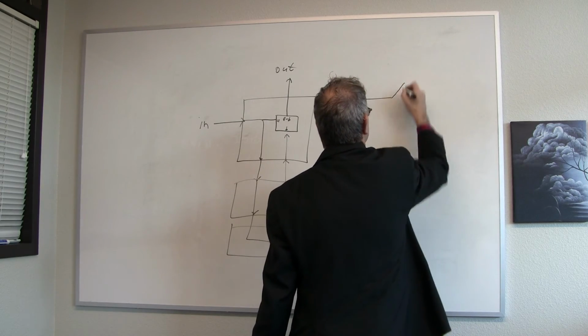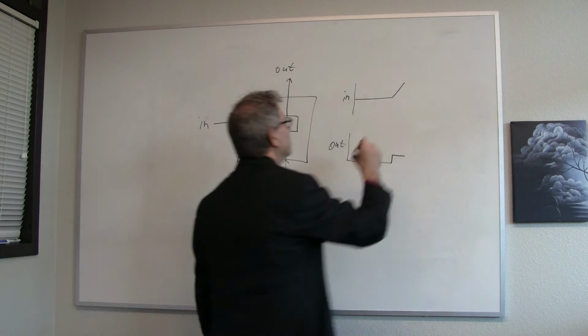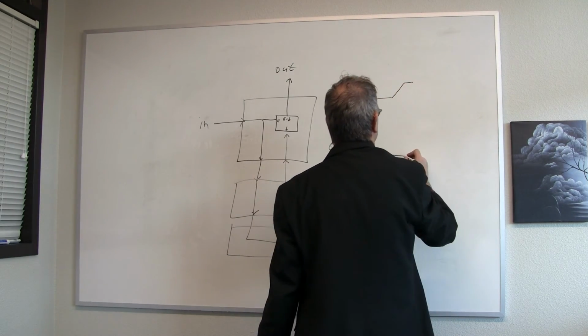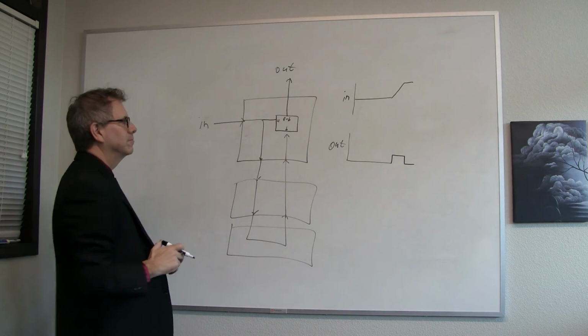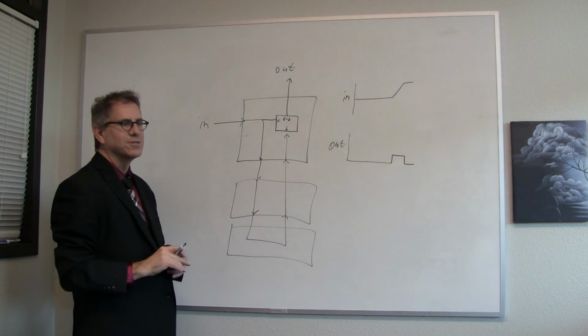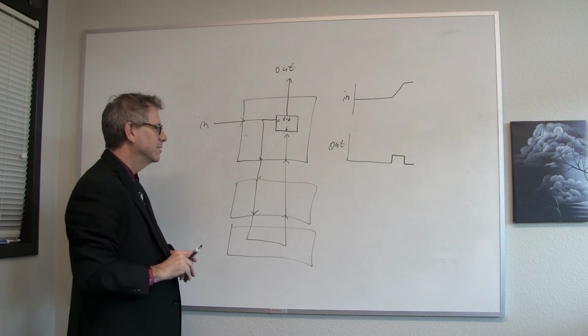And as long as your increase is at a constant rate, your output will be constant. And when your input stops increasing, your output will drop down to 0. So we're differencing pairs of inputs where the second input is a delayed version of the first input.